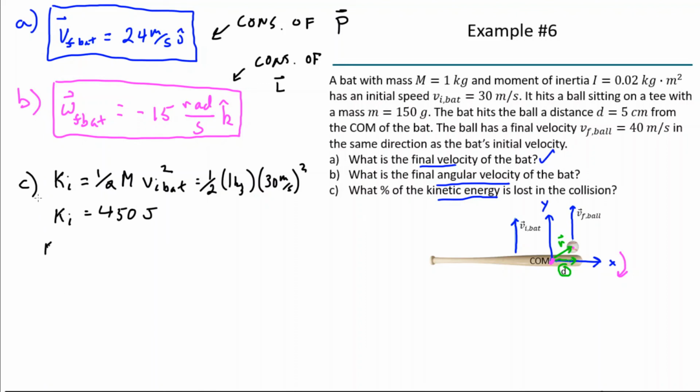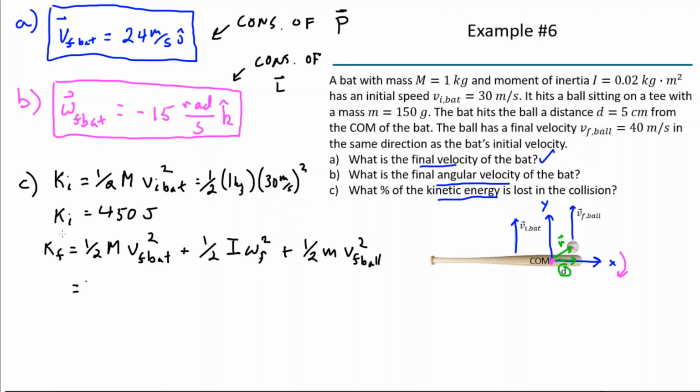Our final kinetic energy is going to be 1/2 mass of the bat, v final bat squared. That's the translational kinetic energy of the bat, plus 1/2 I, moment of inertia of the bat, times omega final squared. It's the final angular velocity of the bat, the final rotational kinetic energy of the bat. And then plus 1/2 m, mass of the ball, times v final ball squared.